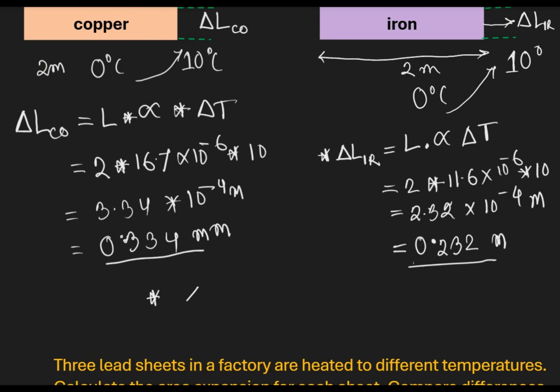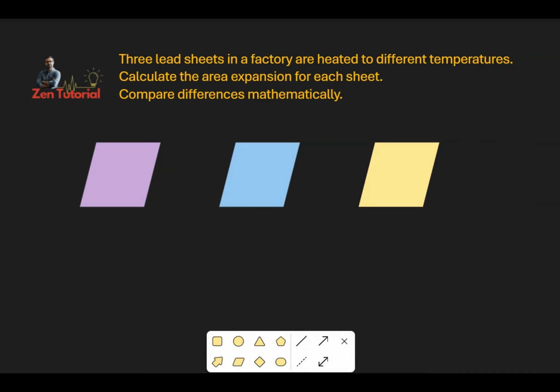Indeed, we could comment like 44% more expansion. In this problem, 3 lead sheets in a factory are heated to different temperatures, right?